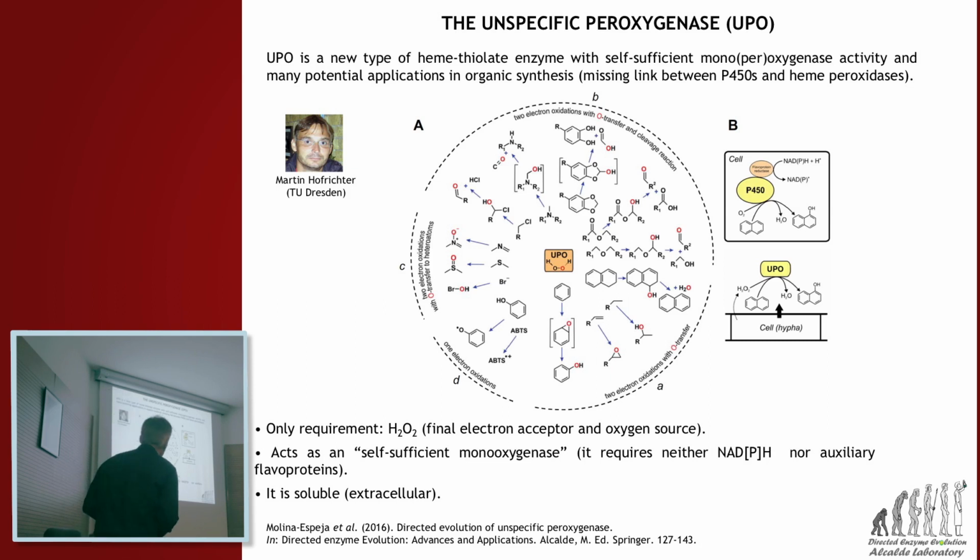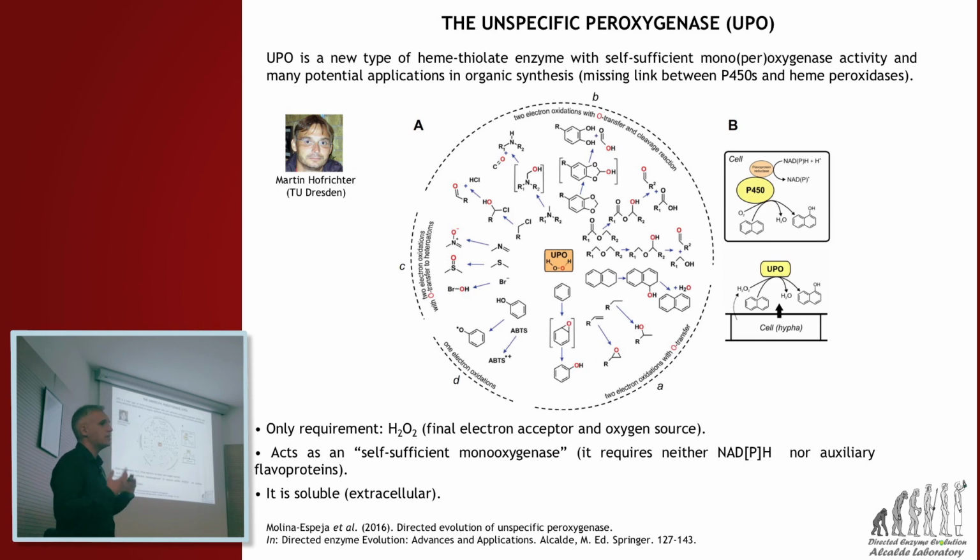Actually, peroxygenases can perform, with high selectivity, carbon-hydrogen oxyfunctionalizations of a great variety of organic compounds. But unlike P450s, which require the presence of auxiliary proteins and redox cofactors, peroxygenases only need hydrogen peroxide, which is the final electron acceptor and also the main oxygen source.